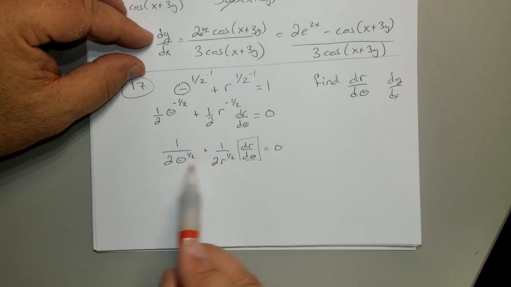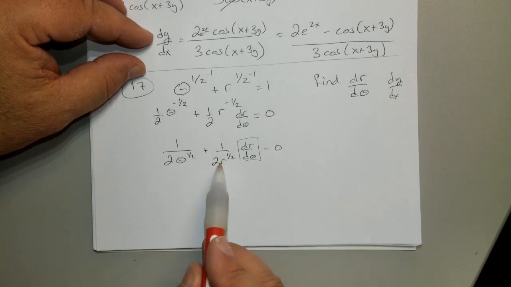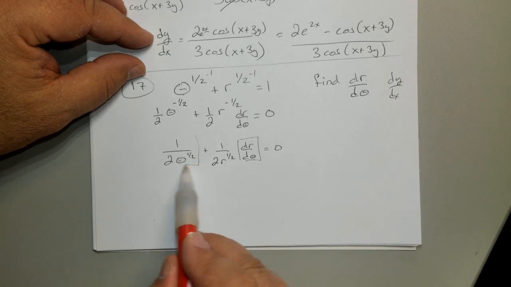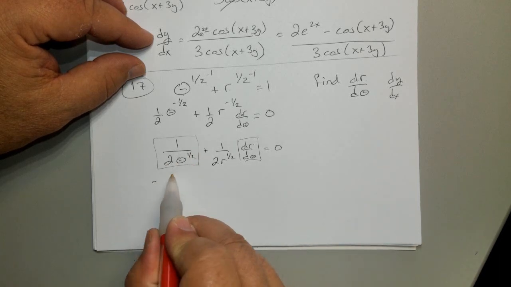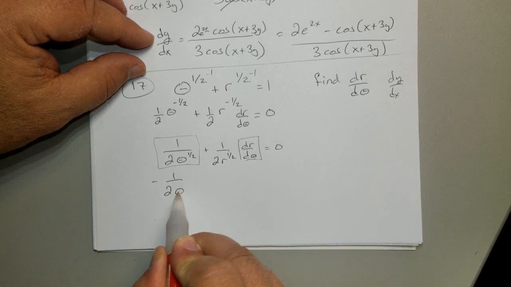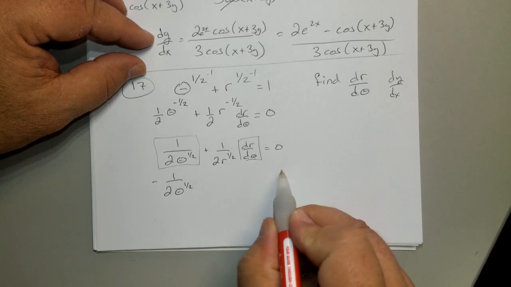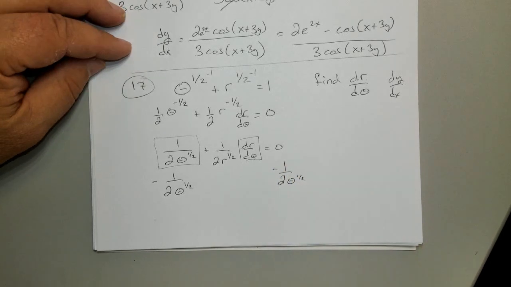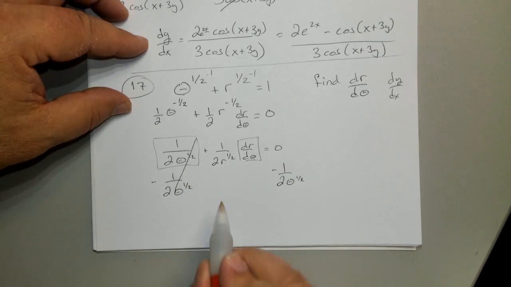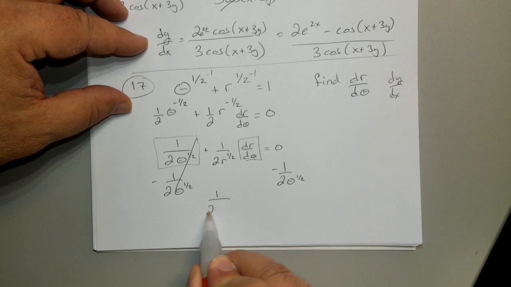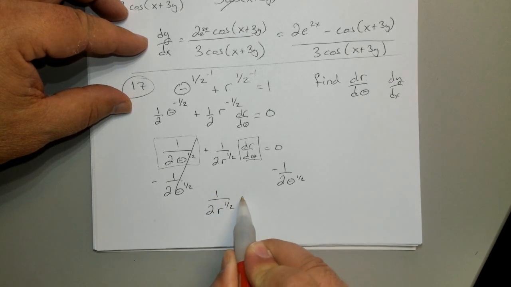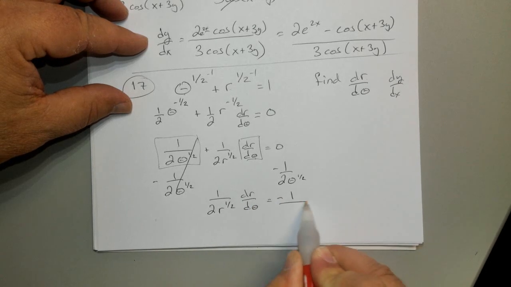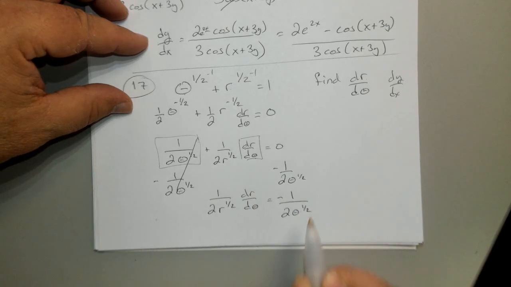Is everybody okay with this derivative first here? So, since we're solving for dr d theta, we have to move everything that doesn't have a dr d theta. We subtract 1 over 2 theta from both sides. Negative 1 over 2 theta.